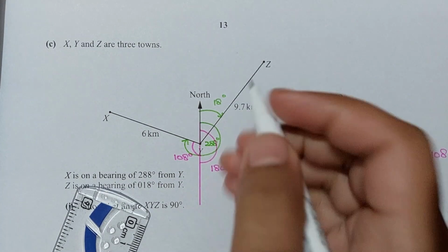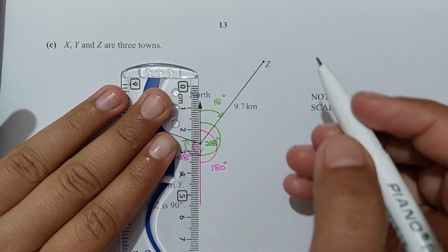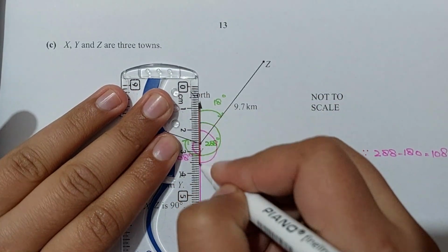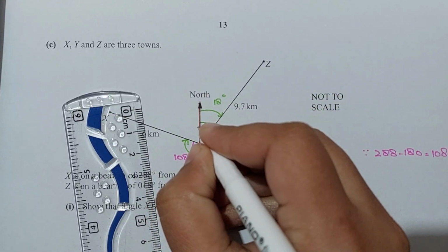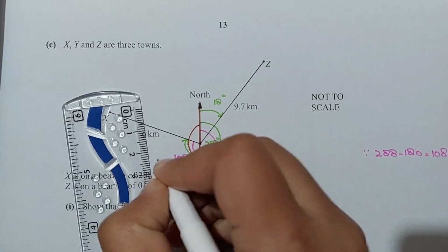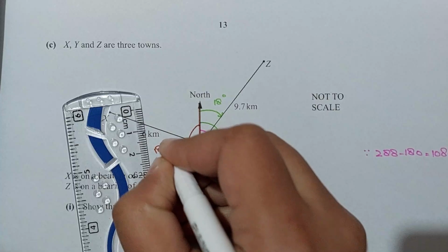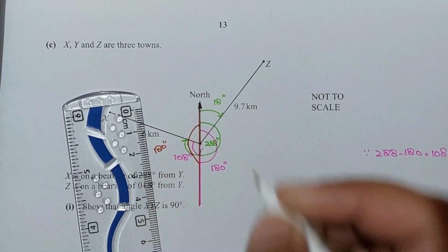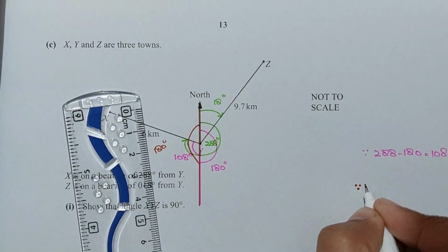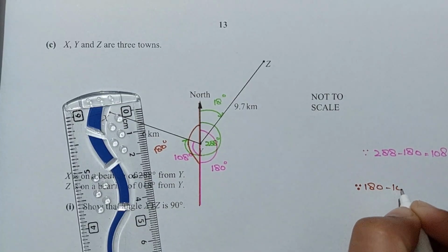Now this is also a straight line, the brown one. I'm using a different color pen to visualize the situation. So this brown angle is also 180 degrees. This angle is 108, adding what makes 180? So this is 180 minus 108.